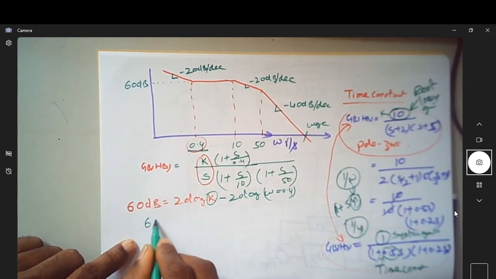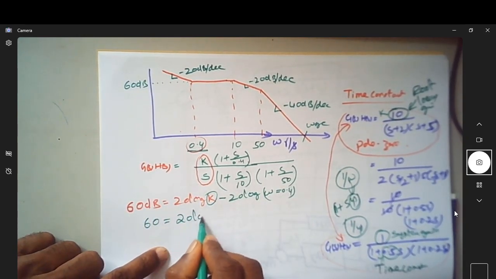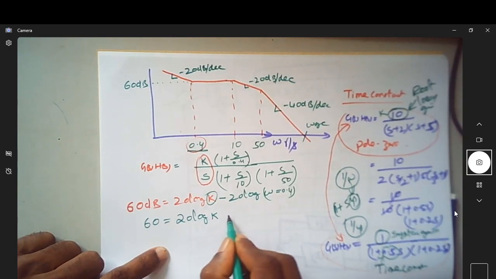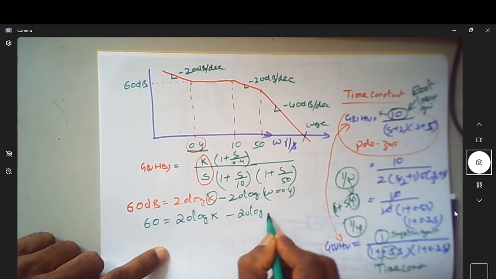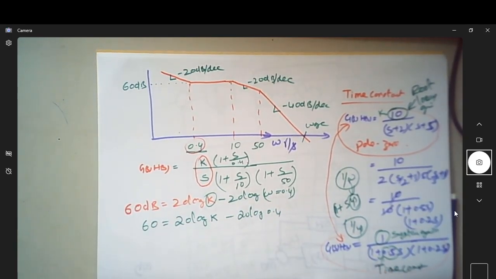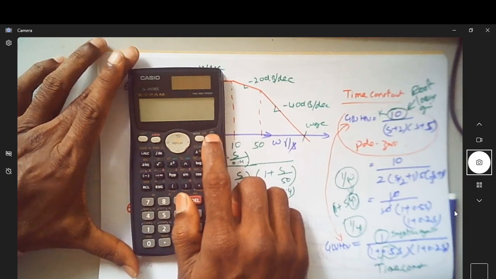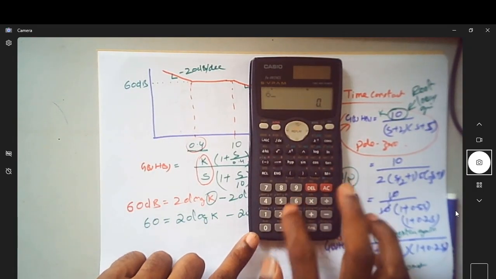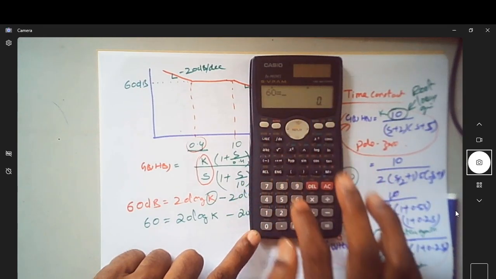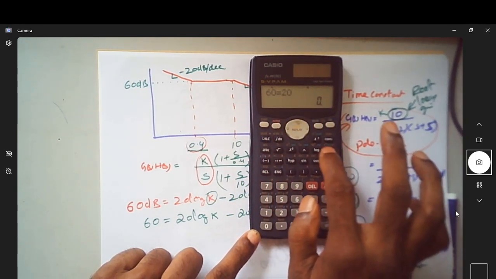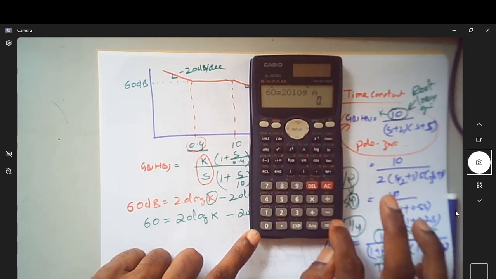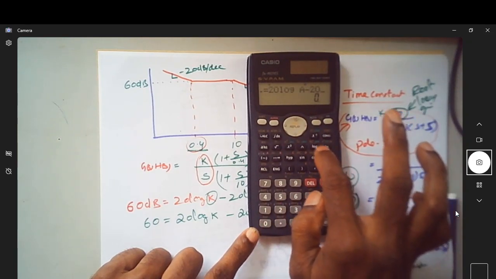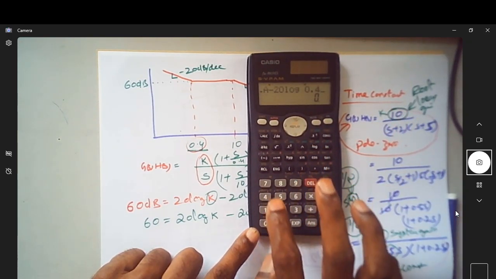So 60 is equal to 20 log k minus 20 log 0.4. You can just feed this equation in and get the value of k immediately. So I'll enter this equation: 60 equals 20 log A minus 20 log 0.4.